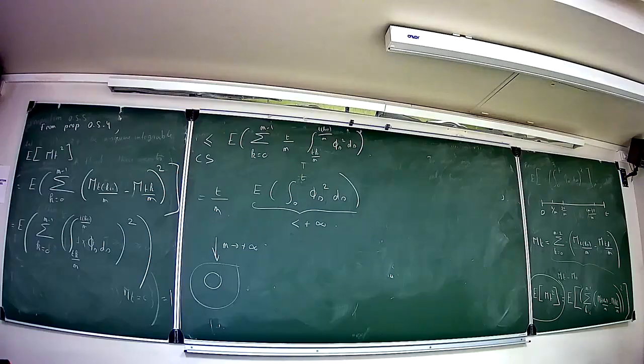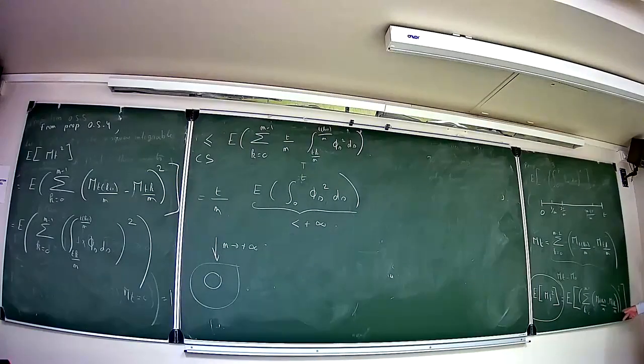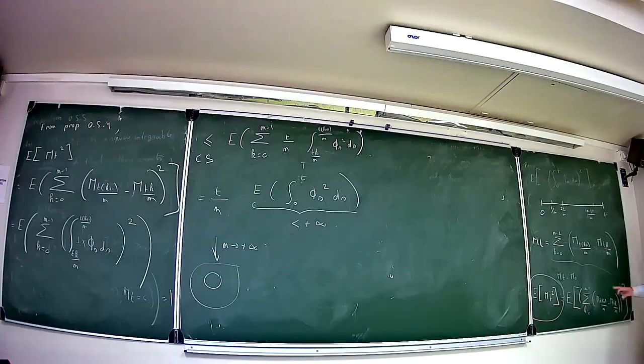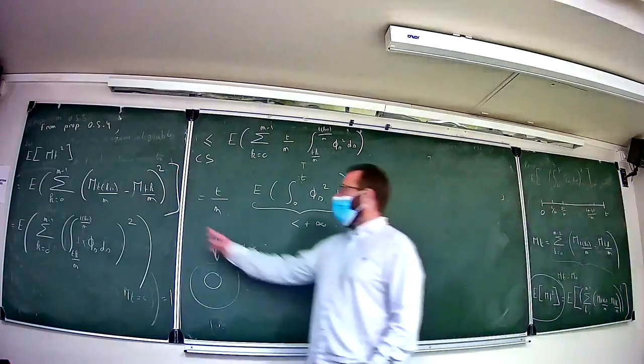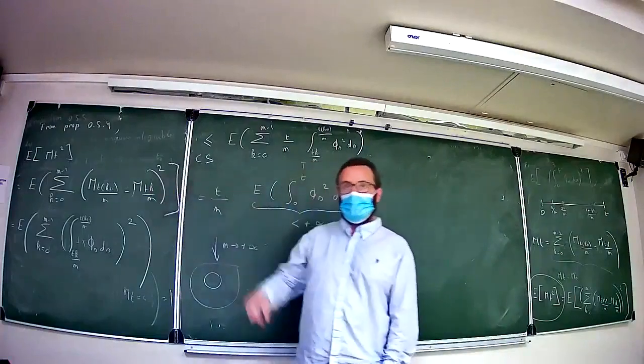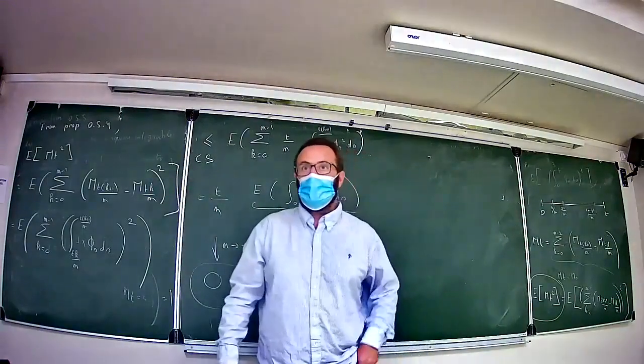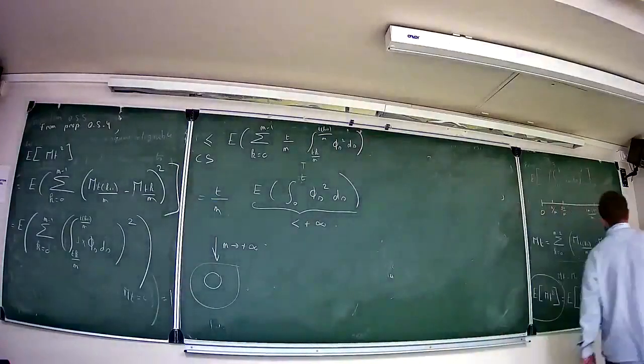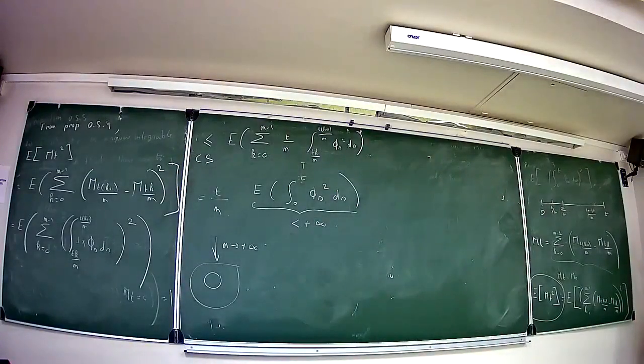So, this one? The way is that I have a square outside the sum, I put the square inside. It's this one that you don't understand. Okay? I know, you have a square. So, just say what happened.